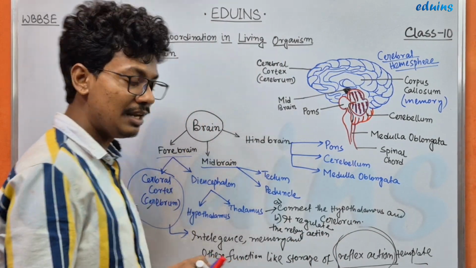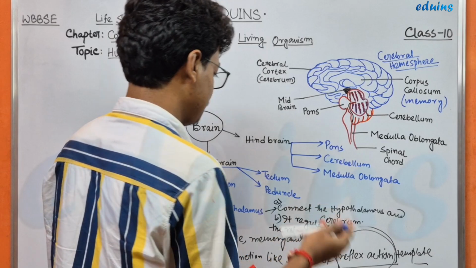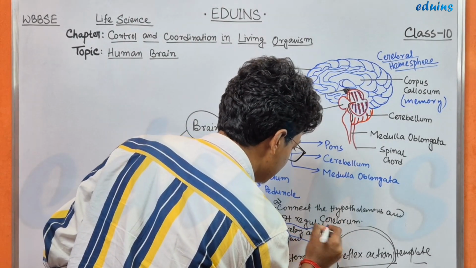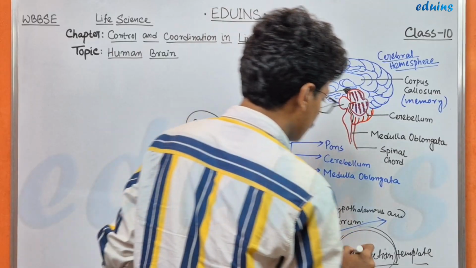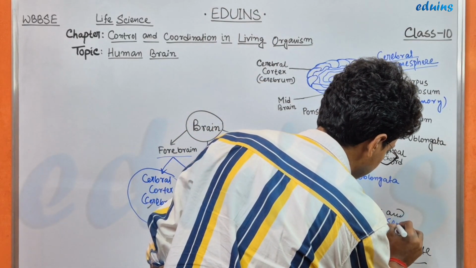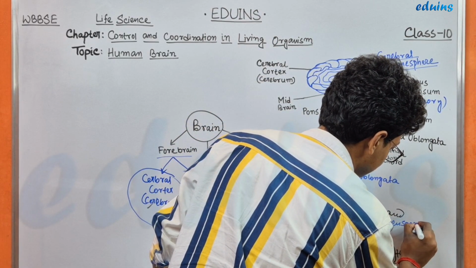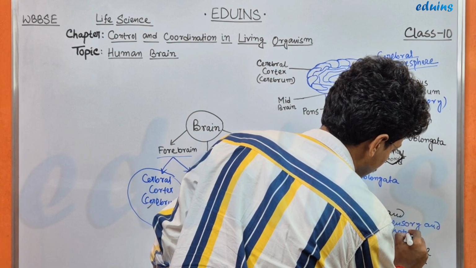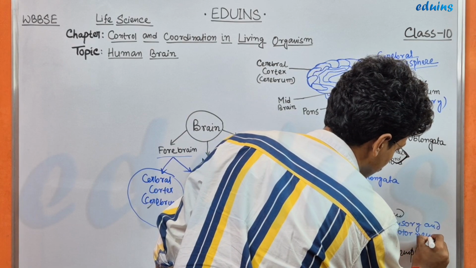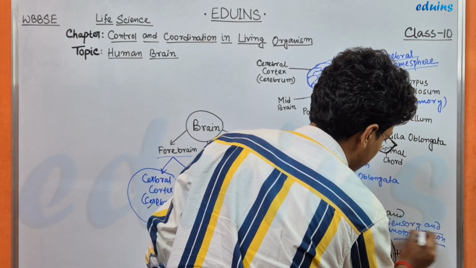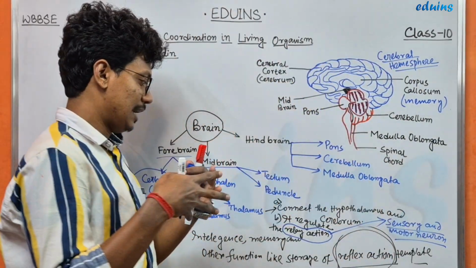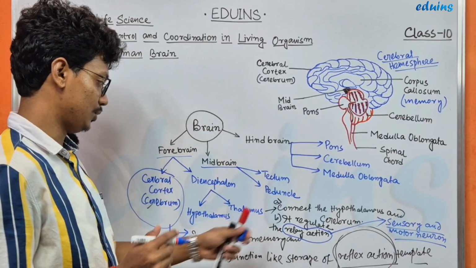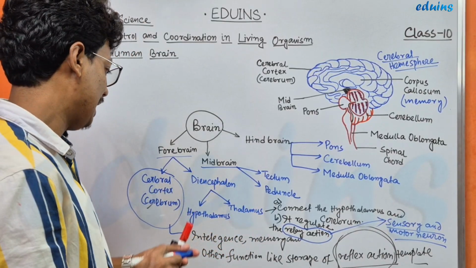What is relay action? Actually, it regulates the sensory and motor neuron action. It acts as a connection bridge between the sensory and motor neuron. So this is the function of thalamus.